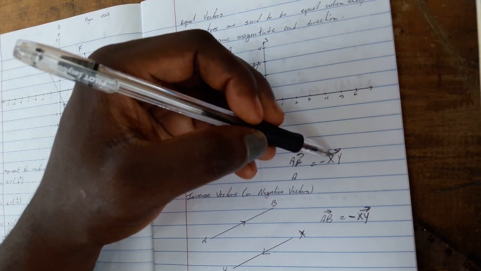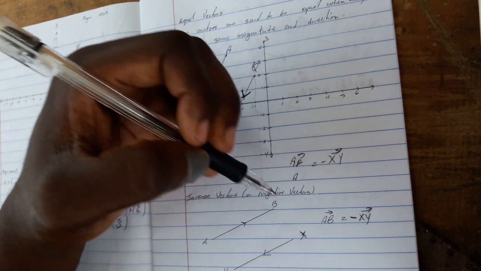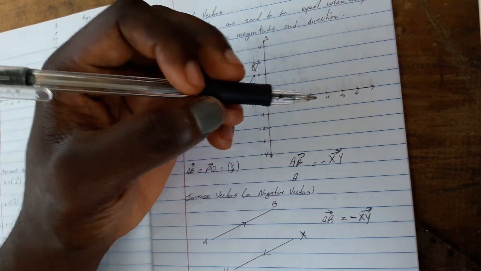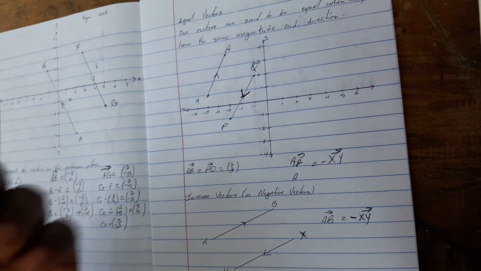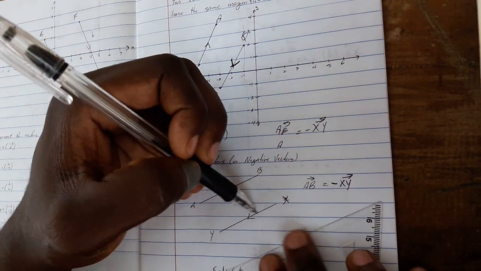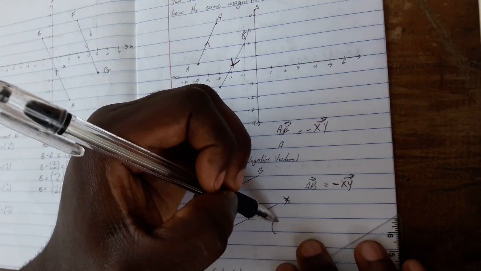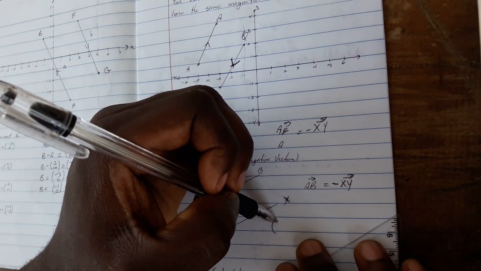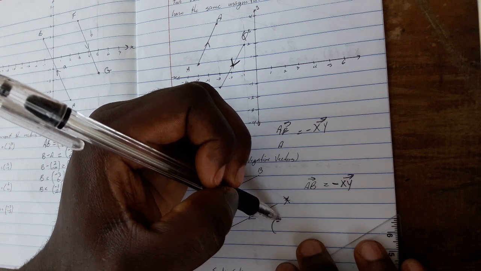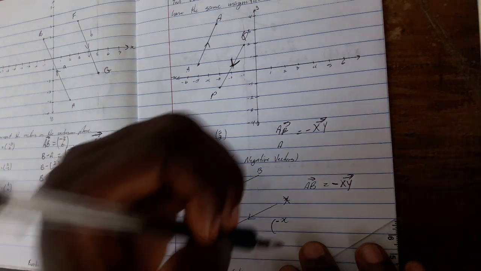Sorry, xy was the positive one, and AB will be the negative one. Oh, I have to show you that. Okay. So in this case, let's say this xy will be a negative x, because it's going down and across, and a negative y.